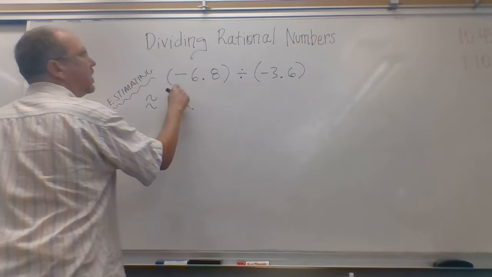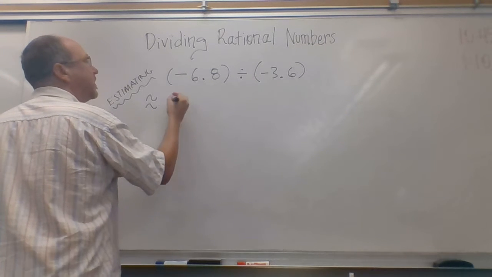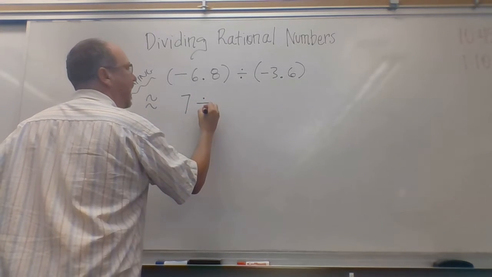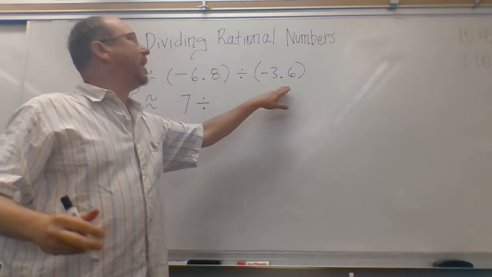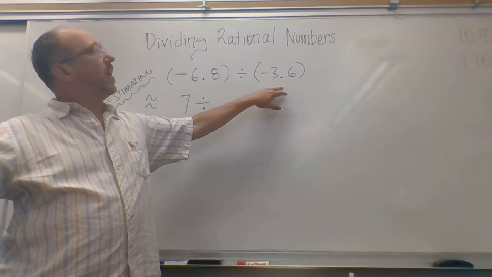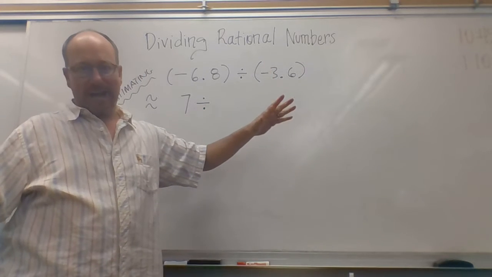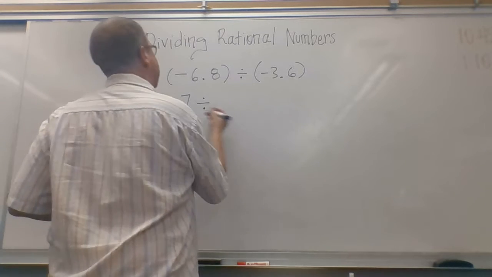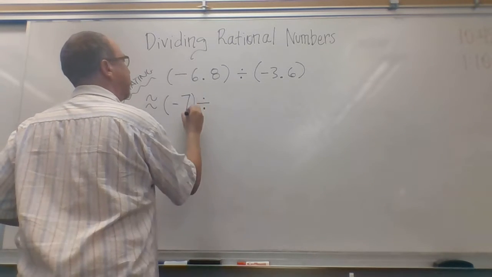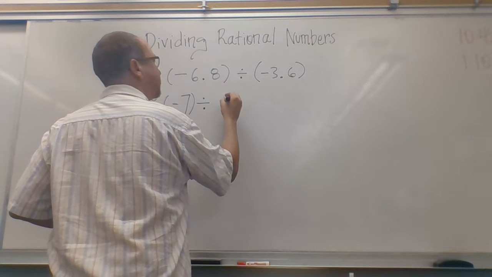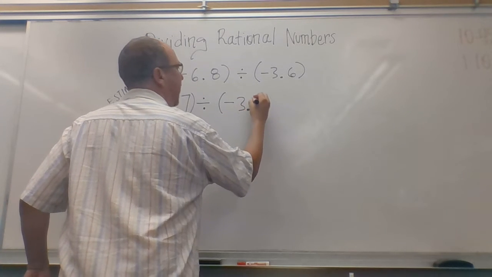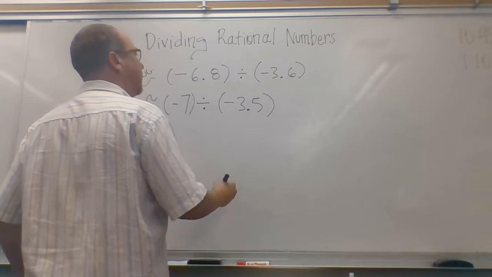So here, if we're looking at a negative 6 8/10, we're going to say that's approximately negative 7 divided by, and I like to estimate to halves, not just straight up or down to a whole number, a negative 3.5, which also works out pretty good.